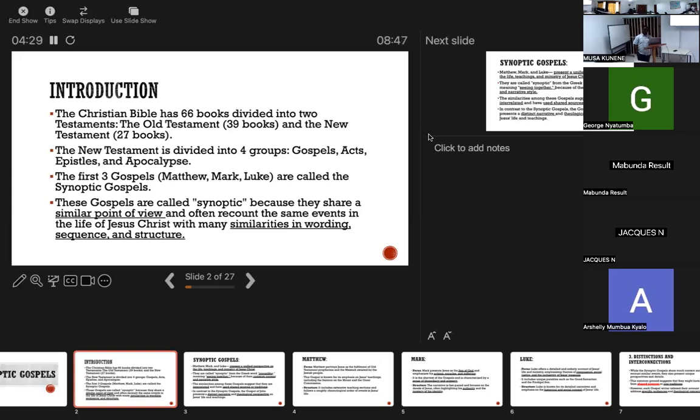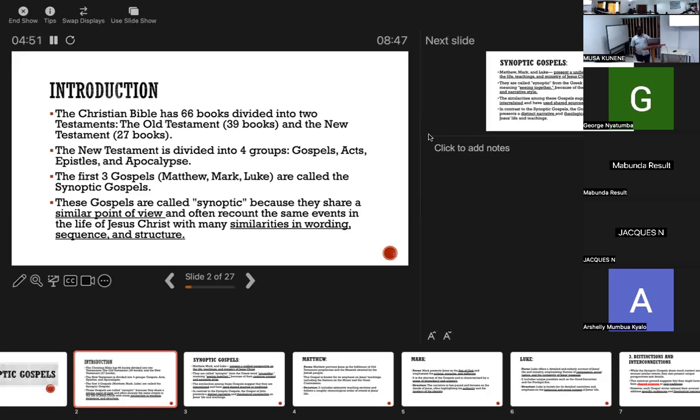So this is what this class is concerned with. We are going to spend time looking at the three Gospels, which we call the Synoptic Gospels.